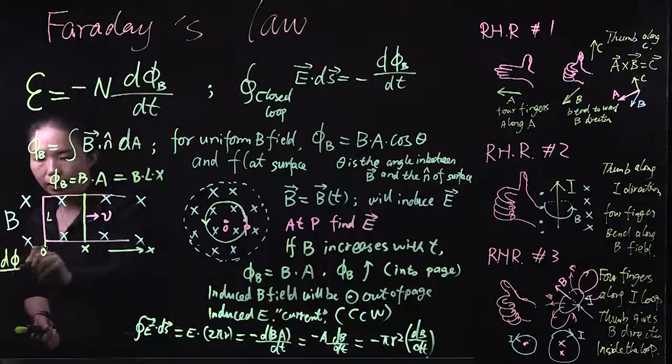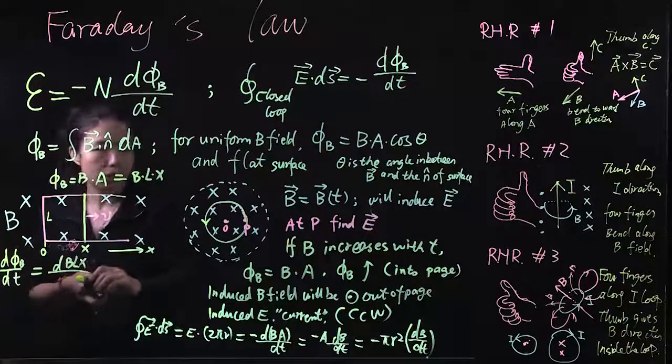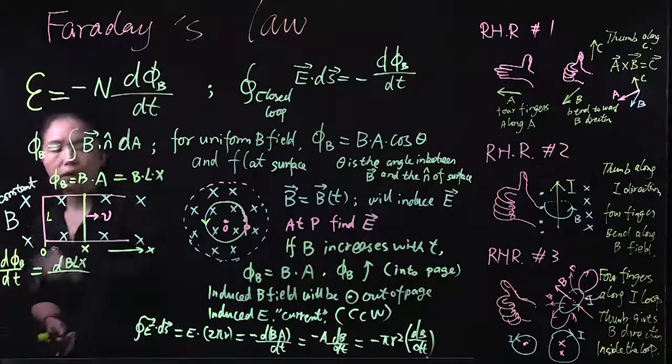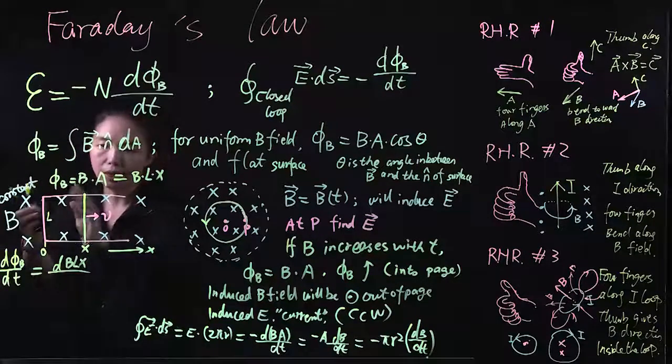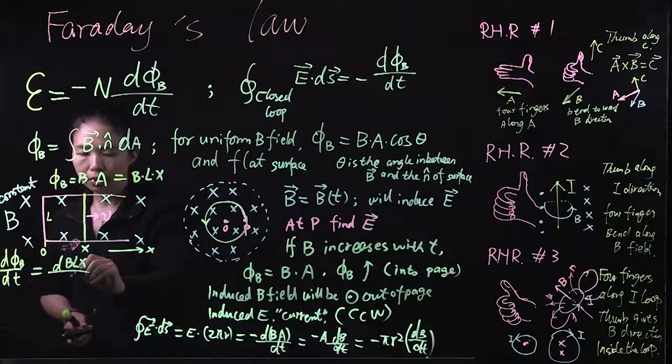So now let's take d phi dt. How does the flux change as a function of time, which is d of BLx. B is not changing, it's a uniform constant. But what is changing? While it's moving, the area of this loop is changing. L is constant. So the only thing changing is x.